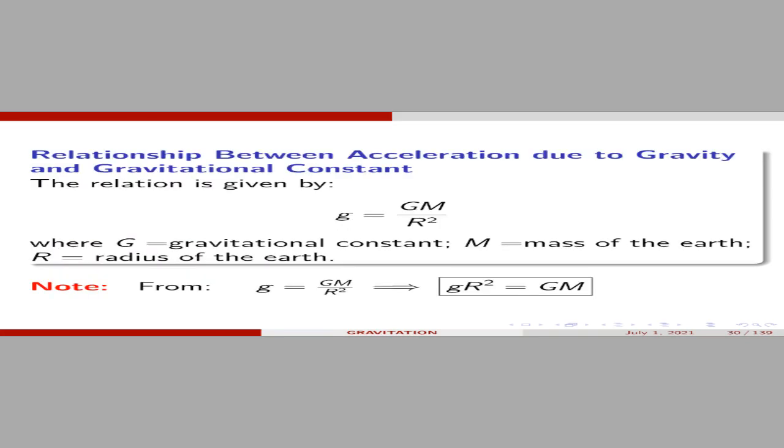Now, let's look at the relationship between acceleration due to gravity and the universal gravitational constant. This is a very powerful relation you shouldn't forget, and it is given by this.